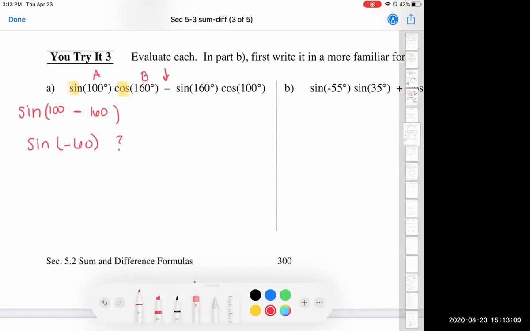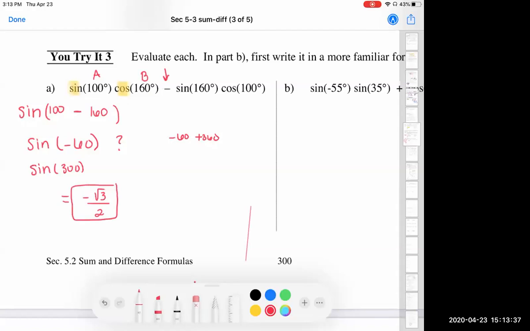I can evaluate that. I know what 60 is. And if you don't like working with negatives, change it to a positive. Add 360. Negative 60 plus 360, you get 300. That would be the same thing. What's sine at 300? And we get negative square root of 3 over 2. That would be your answer.